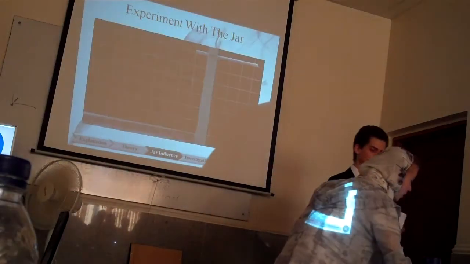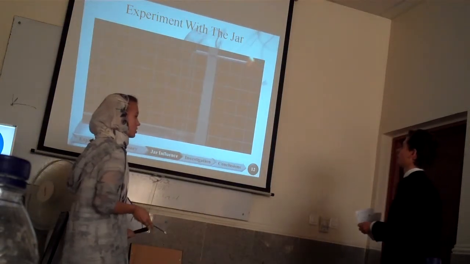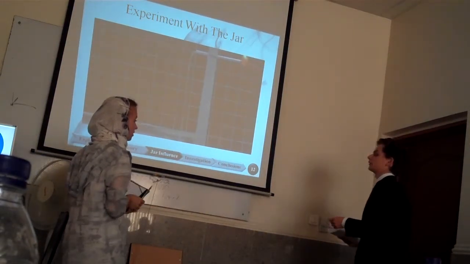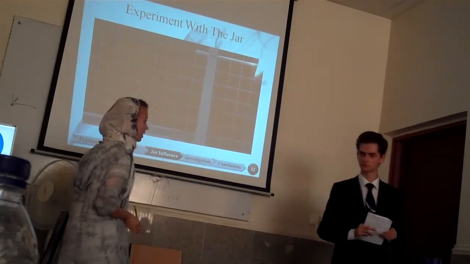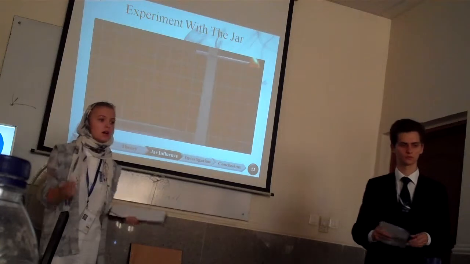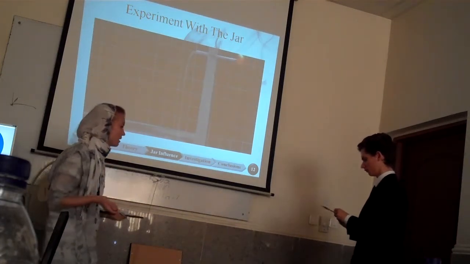Sorry. As I said, the only difference was in stabilization of the stream. Why do you think it's like that? Because inside our jar we have less airflow than can occur when our tube is in the open air.